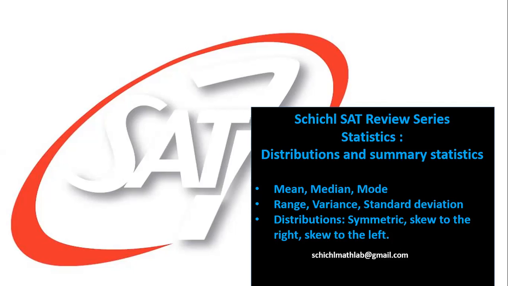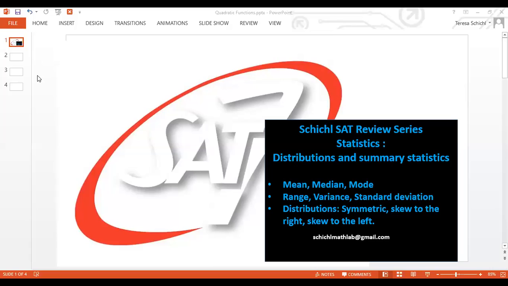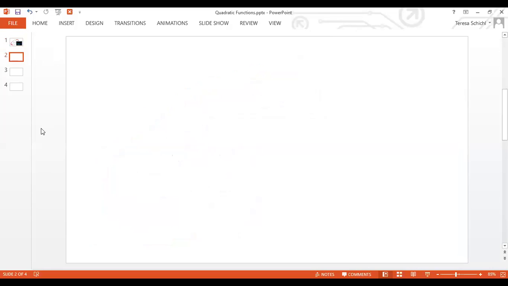Before we go through our worksheets, we are going to review what those summary statistics are. It's very important that we have a good idea of what those things are, and then you'll be able to answer the questions. So the first thing is we're going to take a look at the summary statistics.